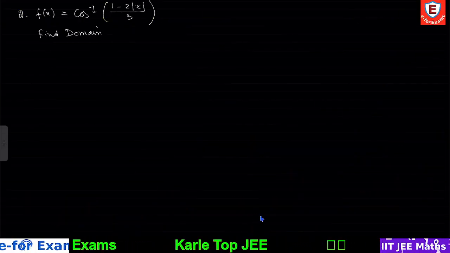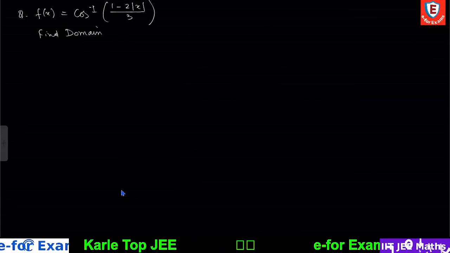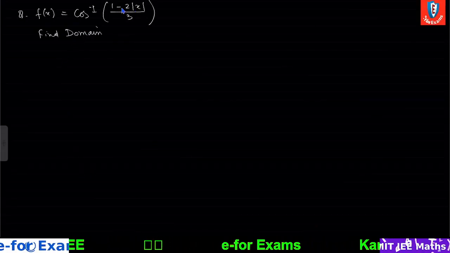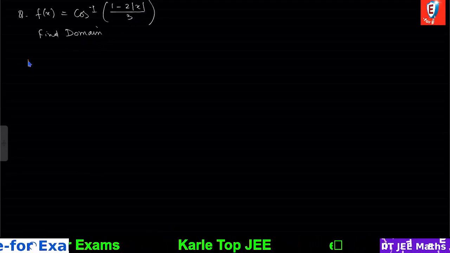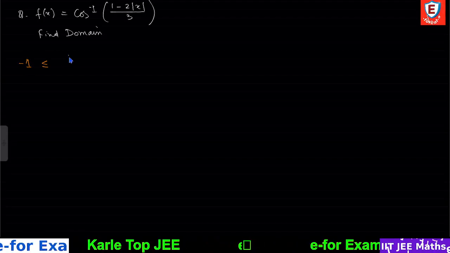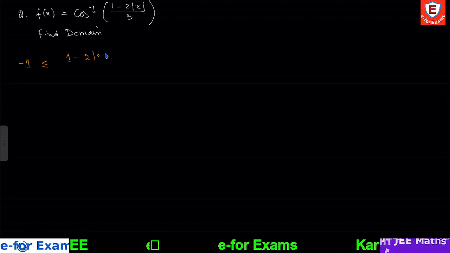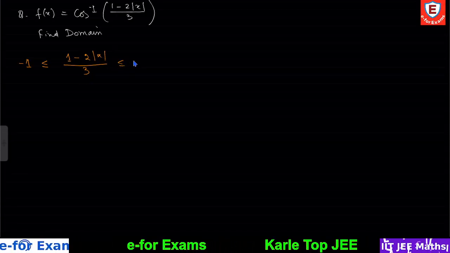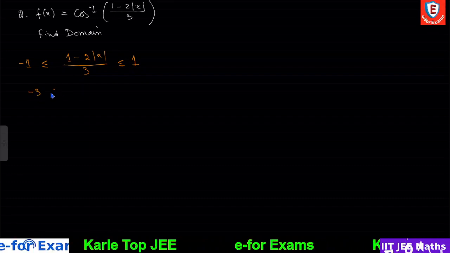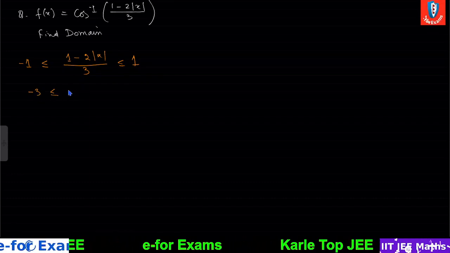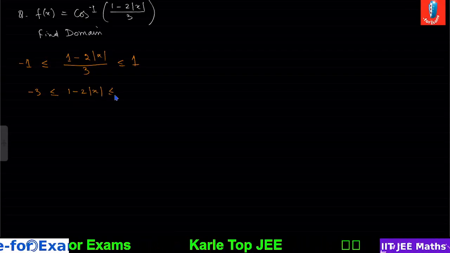Next, f of x equal to cos inverse of 1 minus 2 into mod x whole divided by 3. Find domain. Here minus 1 less than or equal to 1 minus 2 mod x whole divided by 3 less than or equal to 1. If you multiply with 3, we get minus 3 less than or equal to 1 minus 2 mod of x less than or equal to 3.